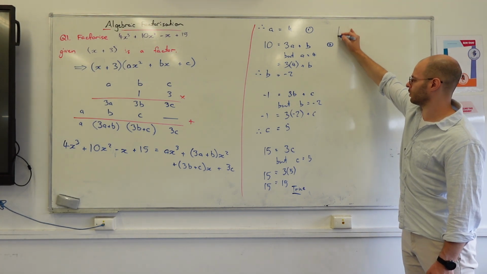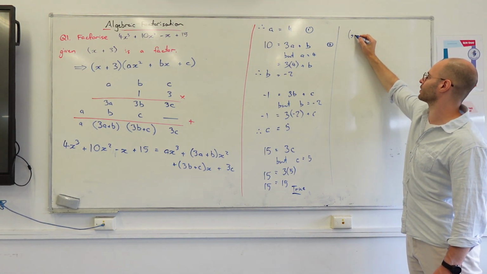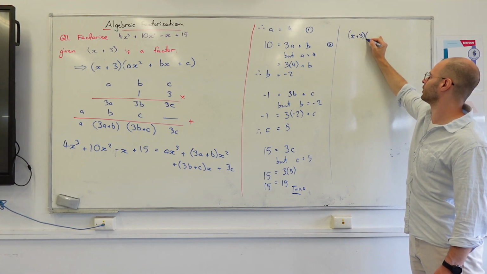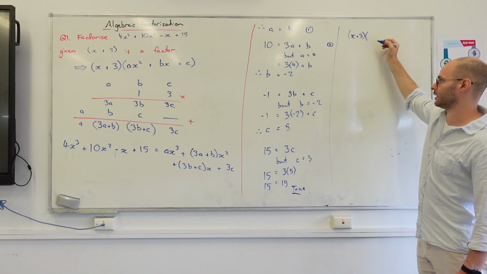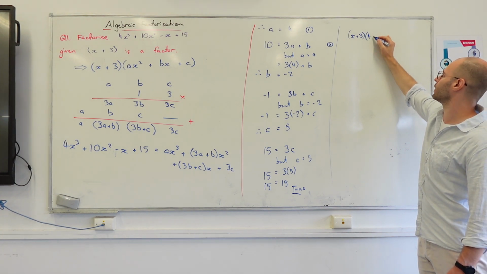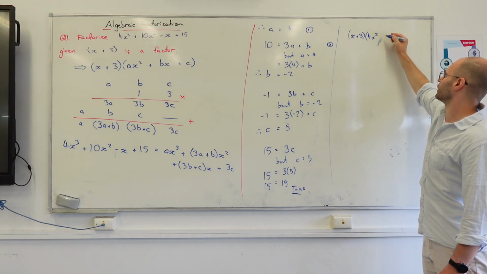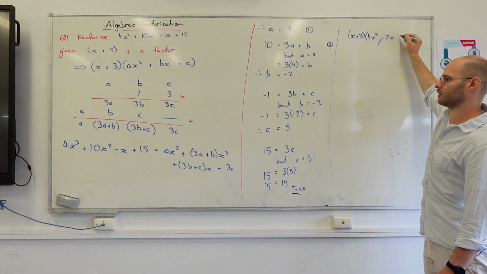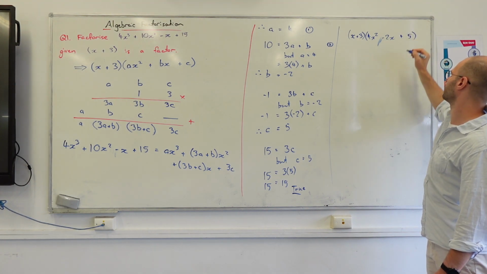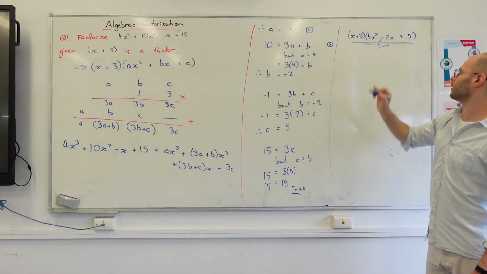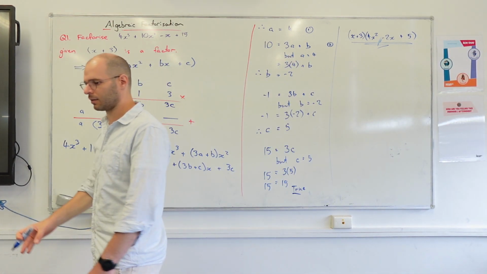So therefore, the factorized form is going to be x plus 3 multiplied by ax squared, which is going to be 4x squared plus, which is minus 2x, plus c, which is going to be 5. There's your semi-factorized form into the quadratic.